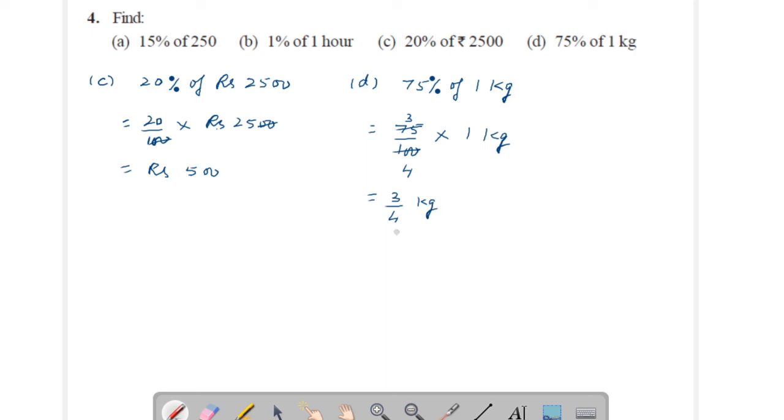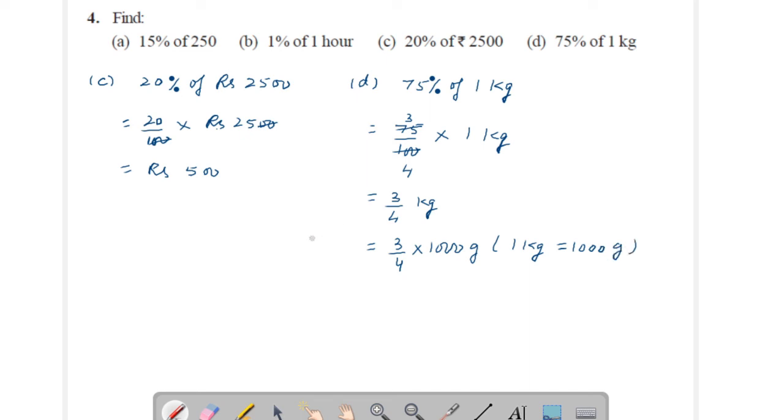Convert it into gram. Here 3 upon 4 into 1000 gram, because 1 kg equal to 1000 gram.